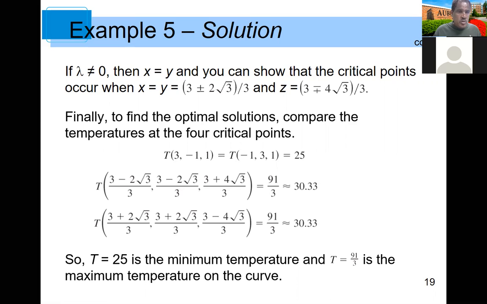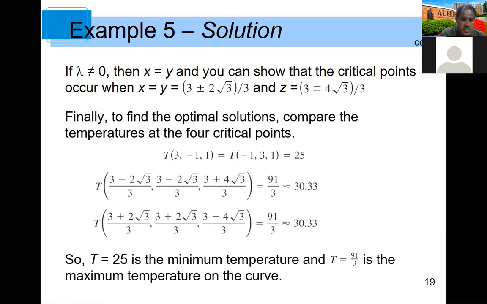So if you compare these three numbers, of course, 25 is the minimum. So the minimum temperature on the intersection of the sphere and the plane is 25. And the maximum temperature on the intersection of the sphere and the plane is 91 over 3.